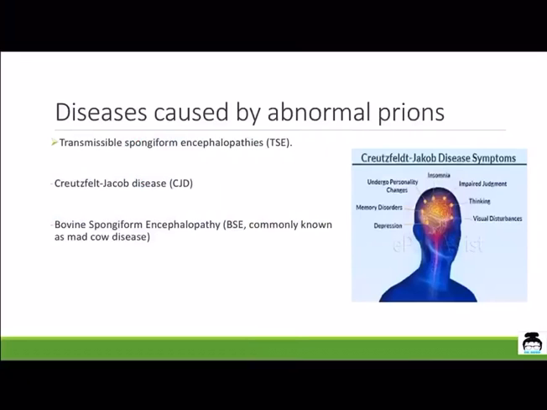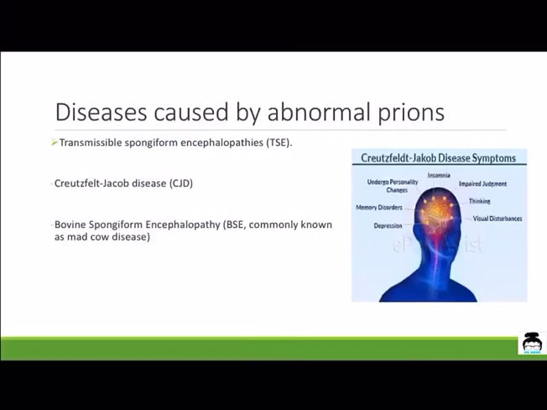Now, prions can cause a disease called transmissible spongiform encephalopathies, abbreviated as TSE. If this occurs in humans, we call it Creutzfeldt-Jakob disease. If it occurs in cows, we call it bovine spongiform encephalopathy, also known as mad cow disease.